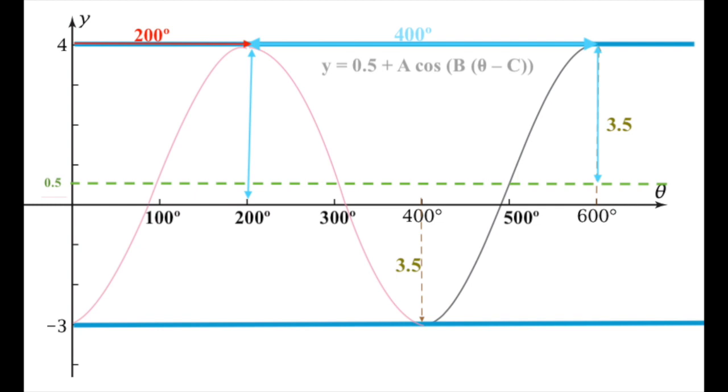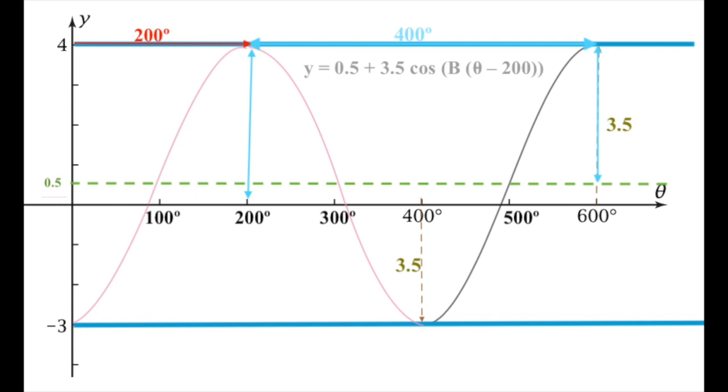So we have y is equal to 0.5 plus, we know that the coefficient of cosine is the amplitude, and we know the amplitude is 3.5. So we've put the 3.5 in for the amplitude. We've replaced a with 3.5, and we know that the horizontal shift, the phase shift, is a positive 200 degrees. So we put that in where c is. Now we have almost the entire equation.